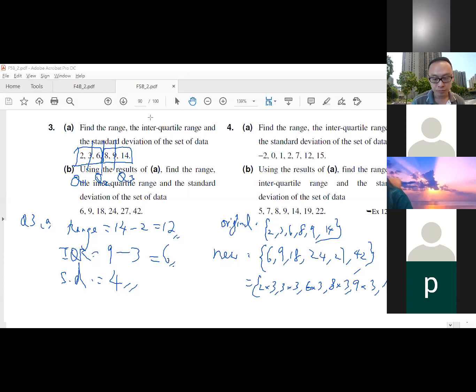Okay? So each datum is multiplied by 3. Okay? We have done the same thing on every data, every original data.